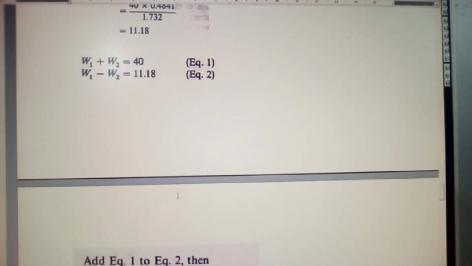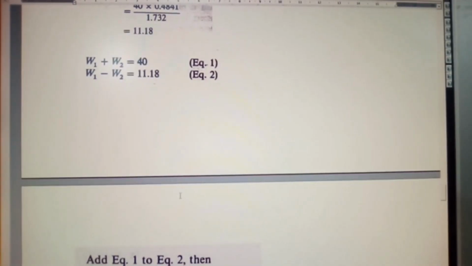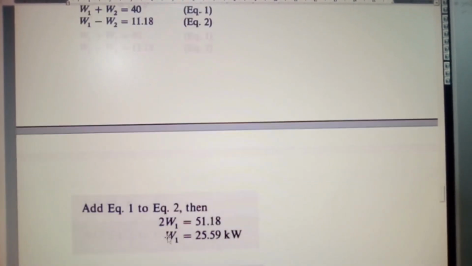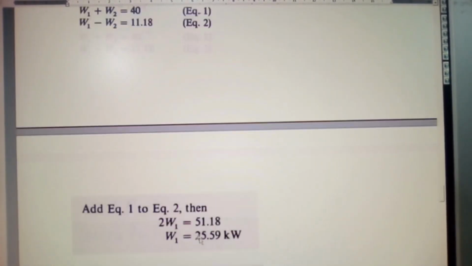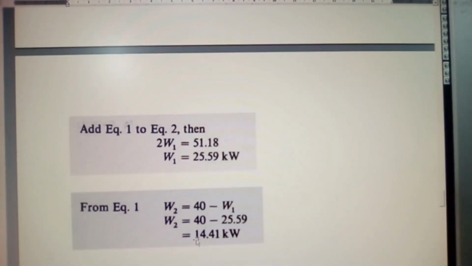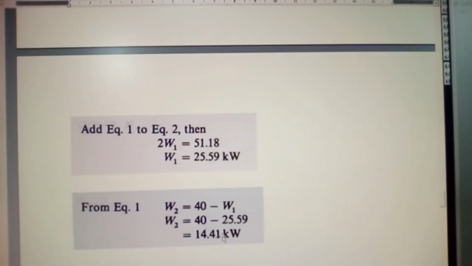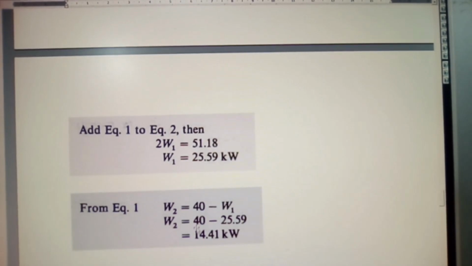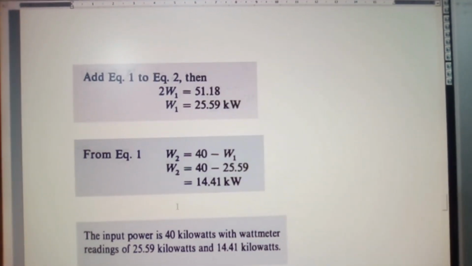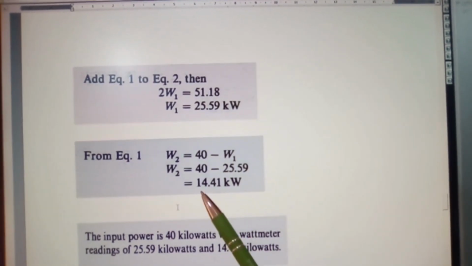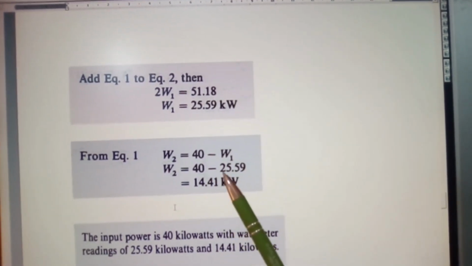When you add equation 1 and equation 2, it gives you 51.18. Then we are subtracting here, and that leaves us 14.41. Now again here, I want you to determine that 14.41 is the correct value for yourselves.